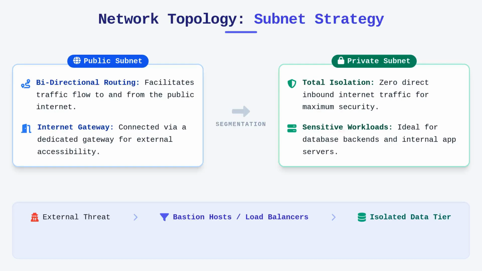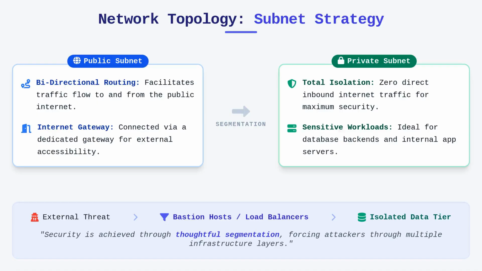Security in this context is improved not by complex perimeter defenses alone, but by the thoughtful segmentation of your application tiers. When your database exists in a dedicated, private, non-routable subnet, you eliminate the possibility of a direct external compromise, forcing malicious actors to navigate multiple layers of infrastructure to reach your most sensitive data.